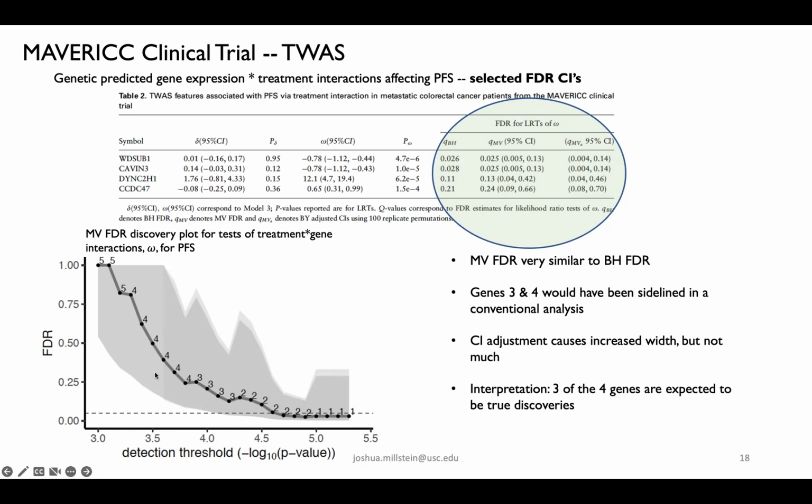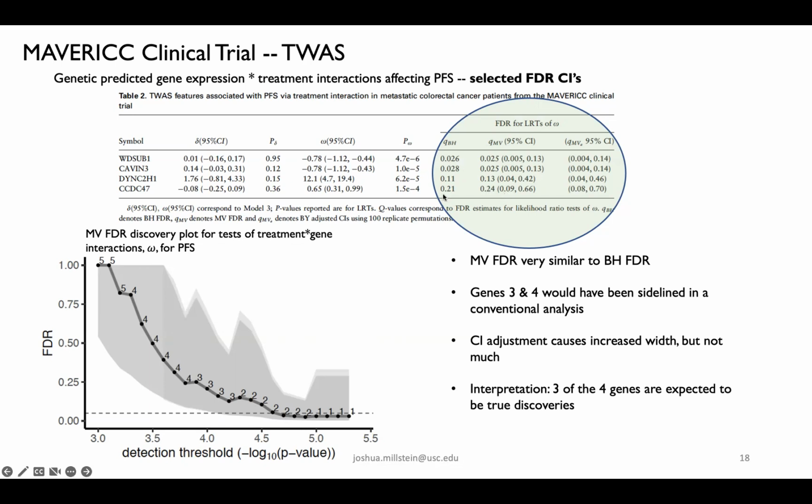Four genes were identified, so a reasonable discovery threshold, I decided, would be in this neighborhood, yielding about 4 genes with an FDR of about 0.24. Estimated by the MV approach, the FDR is 0.24.